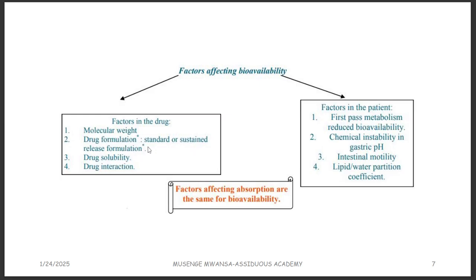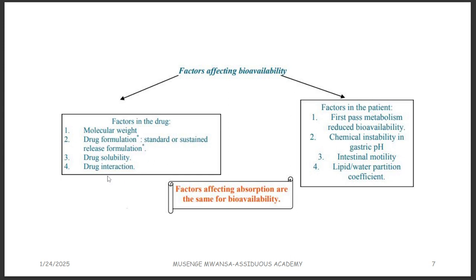Those are sustained release formulations. And then drug solubility. For drugs that are not very soluble, you are not expecting them to dissolve in blood, because blood contains water, right? So that affects bioavailability.